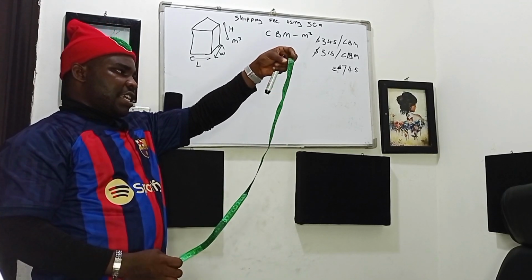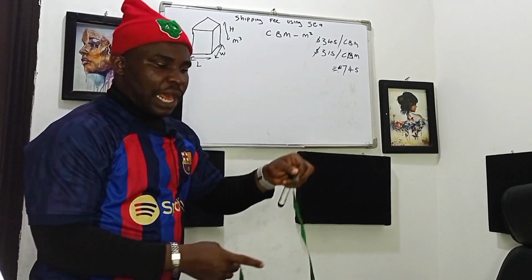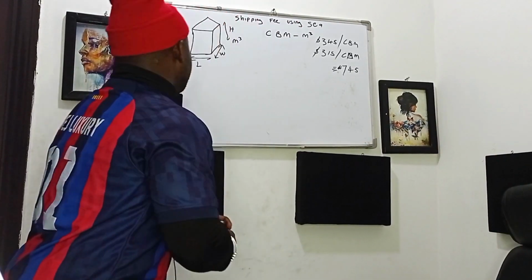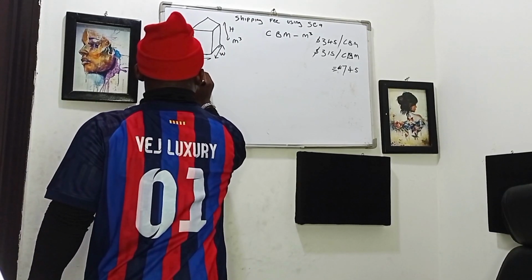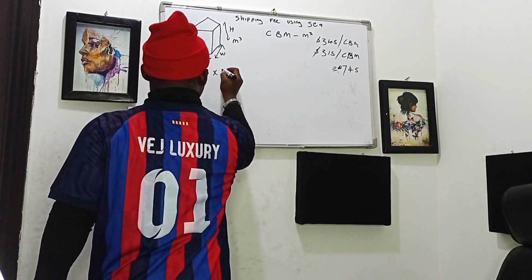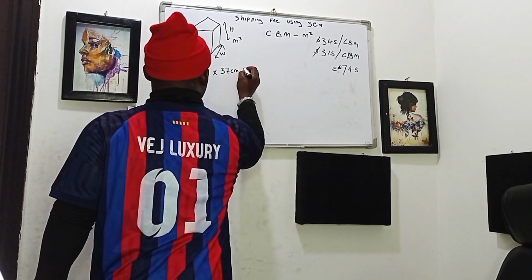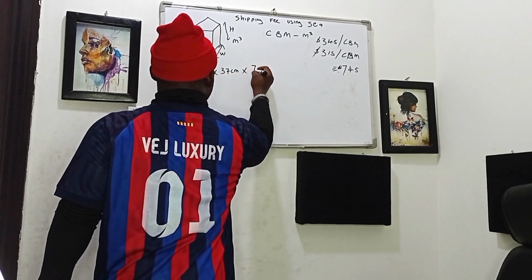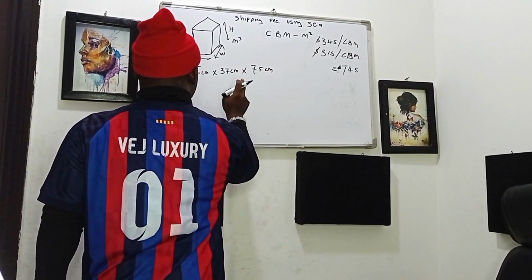If this is in cm, which it is, you're going to have to convert it to meters. Let's say the length of this item is 100 cm, the width is 37 cm, and the height is 75 cm. That means you have to convert this to meters.